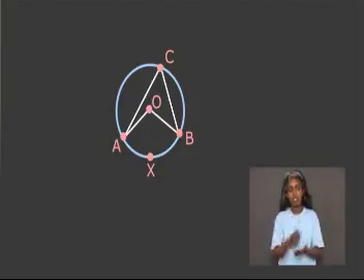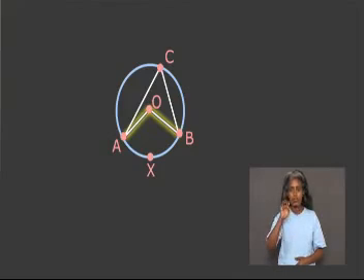In this circle, you can see that angle AOB is a central angle. We say that angle AOB is subtended by the arc AXB. We may also say that angle AOB intercepts the arc AXB.